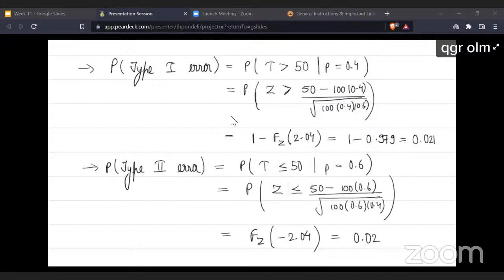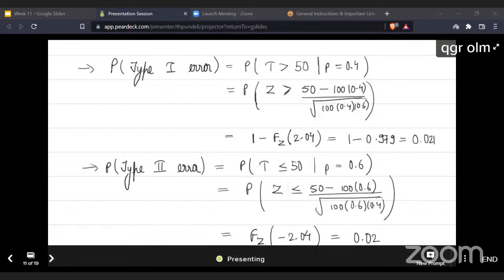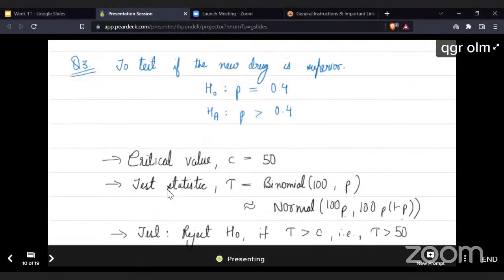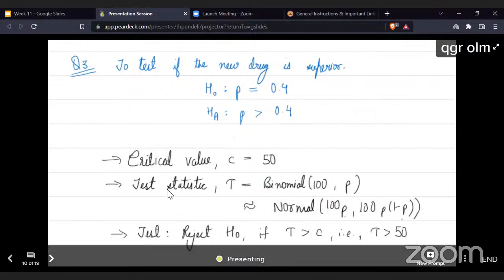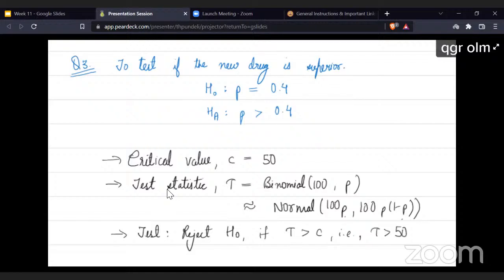So your null was p equal to 0.4 and the alternative was p greater than 0.4, right? But ma'am, the alternative was p greater than 0.5. Must that always be equal?